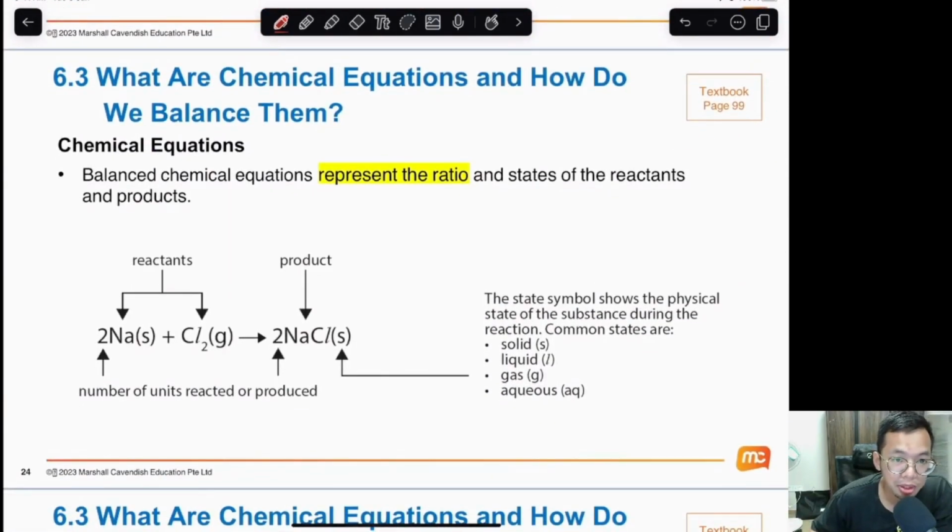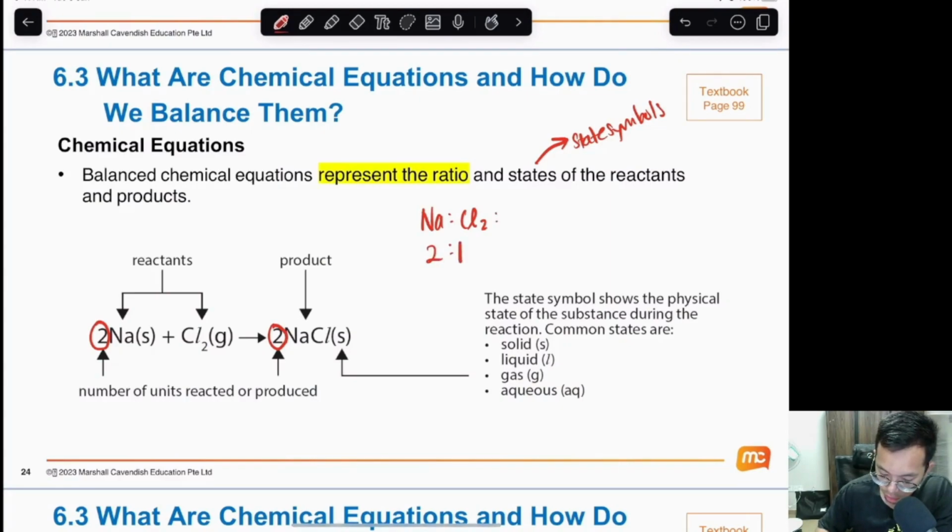So, balanced chemical equations represent the ratio and the states of the reactants and products. Just now, the states of reactants and products refers to the state symbols. Everybody needs to know this. And the ratio is represented by these numbers here. So the ratio of sodium to chlorine gas is 1.